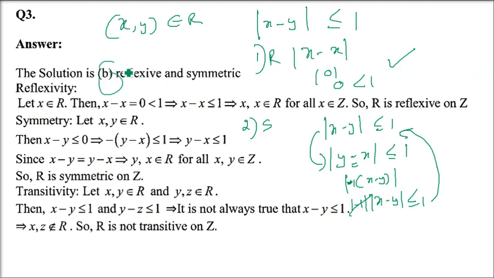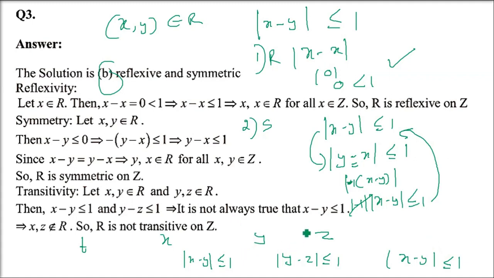So we can see that it is reflexive also, symmetric also, but we'll not get to the conclusion because we have to check for transitivity also. So for transitivity, we are taking x, y, z. Mod of x minus y is less than or equal to 1, mod of y minus z is less than or equal to 1. There is no possibility from here to find out whether x minus z is less than or equal to 1 or not.